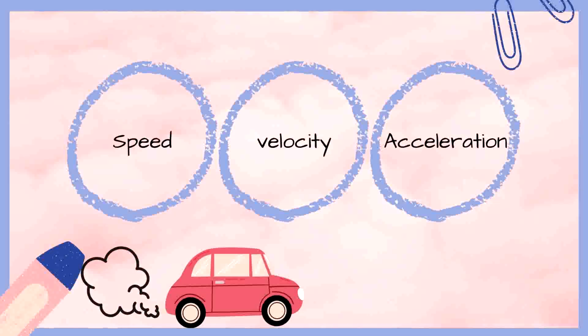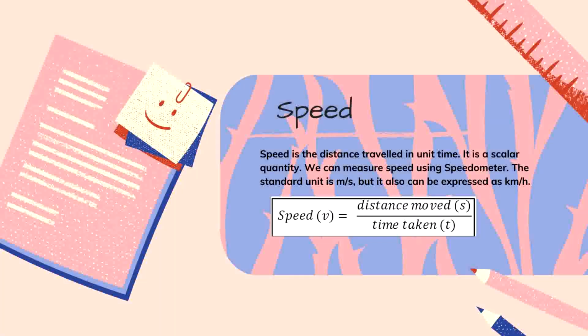In motion, we have speed, velocity, and acceleration. Now, I will explain about speed. Speed is the distance traveled in unit time. It is a scalar quantity. We can measure speed using speedometer.